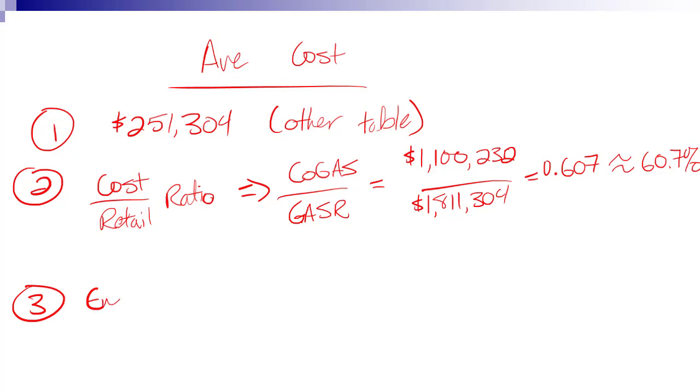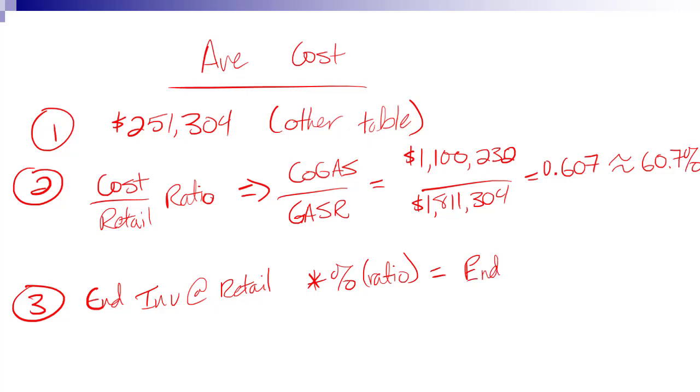If I take my ending inventory at retail times the percentage, or the ratio, I get my ending inventory at cost.